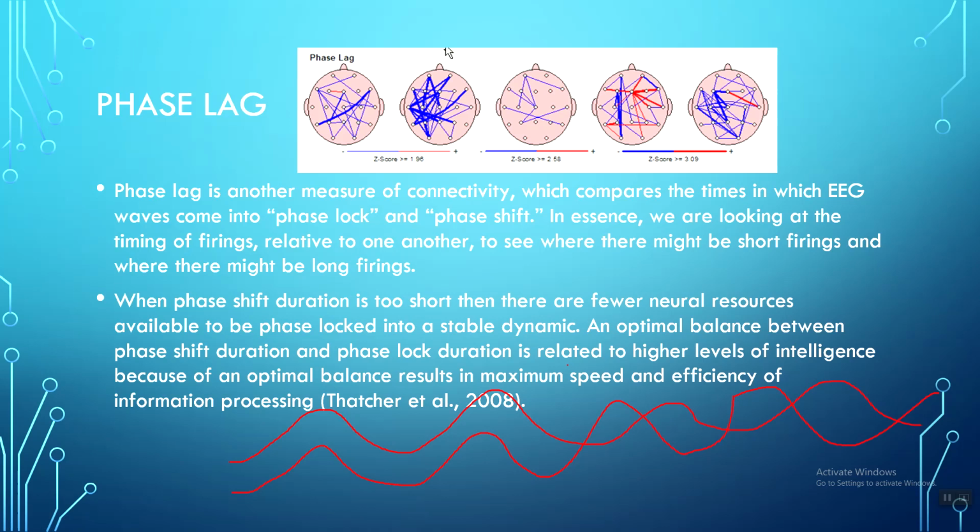You look at the blue lines in phase lag, you say not enough phase lag. Not enough phase lag means too much phase lock. Too much phase lock equals dictatorship. So hyper phase lag is like phase shift. And constant phase shift you see with ADD. So that's hyper phase lag, red phase lag, too much lag. Anarchy, very similar to hypocoherence, right? So the blue phase is like the red coherence, and the red phase is like the blue coherence.